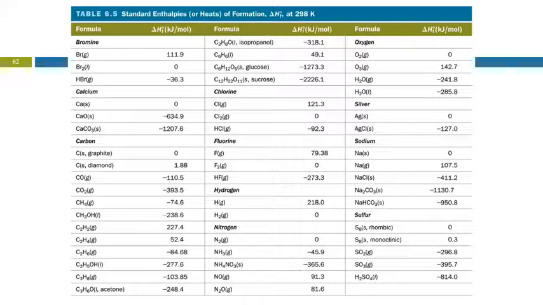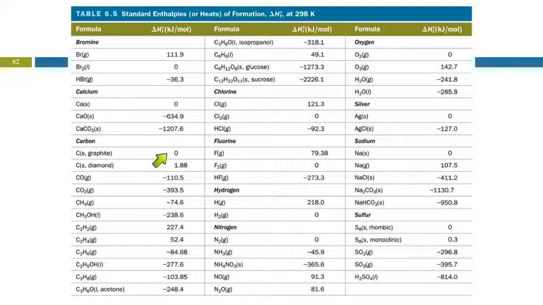If you're not sure what the standard state for an element is, and you have a table like this available, you can find the one that has 0 as its heat of formation. So for carbon, there are 2 forms listed here, graphite and diamond. And the graphite is the most stable form.